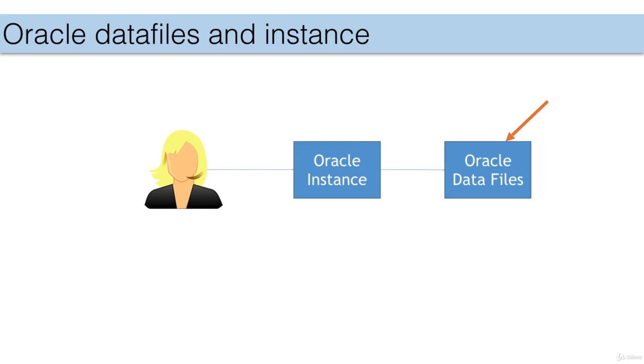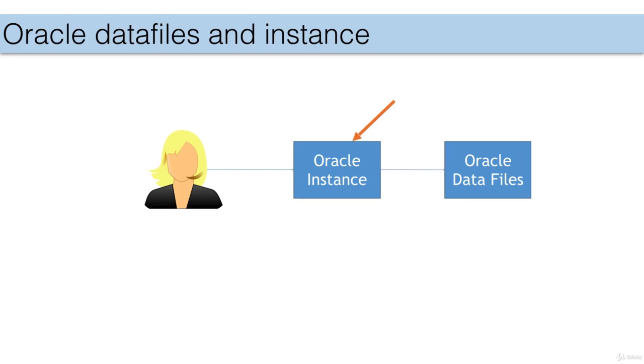Oracle data files. These are the actual physical files where your data is stored. Oracle instance. These are the processes that take the data from the user or the applications and interact with the Oracle data files.